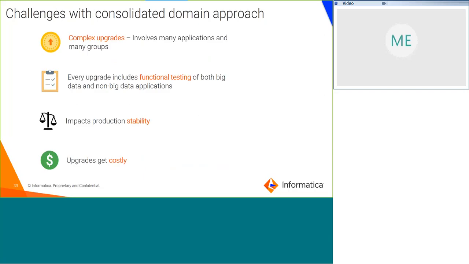So what this chart shows you is that there is complexity involved when you are upgrading your environment. There are different things you have to keep in mind while upgrading. First of all, upgrades are sometimes complex. They involve many applications, and you need to work with multiple groups. Every upgrade includes functional testing for both big data products and non-big data applications.